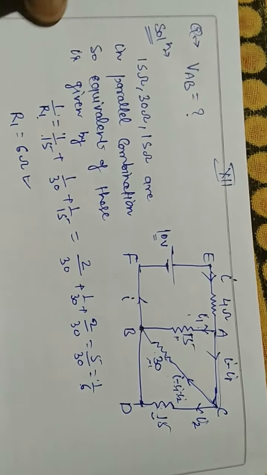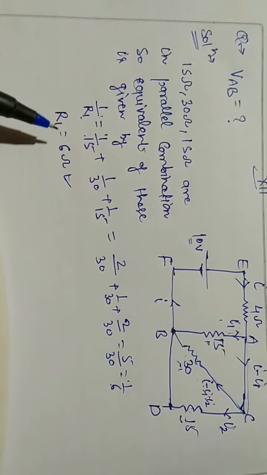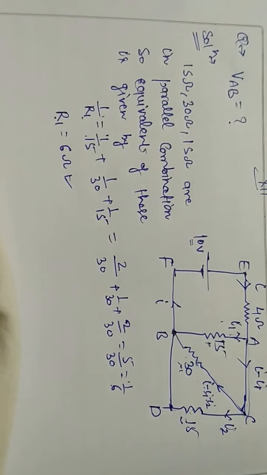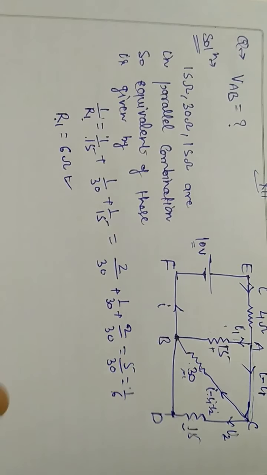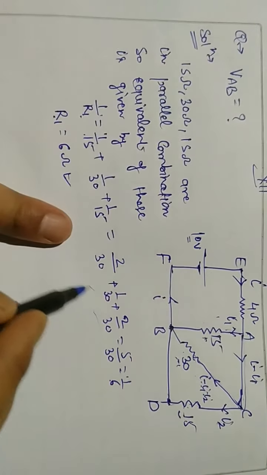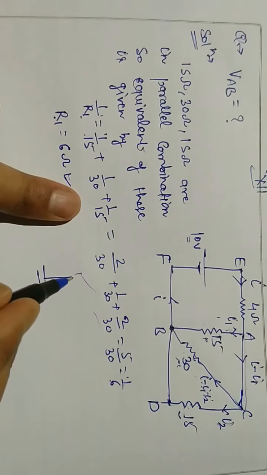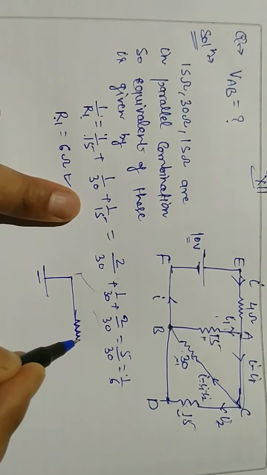Okay, now you get R1 is equal to 6 ohm. Now you can draw the equivalent circuit for this. So if you connect here, there is a resistance of 4 ohm.